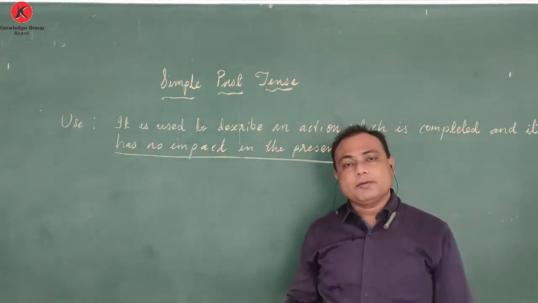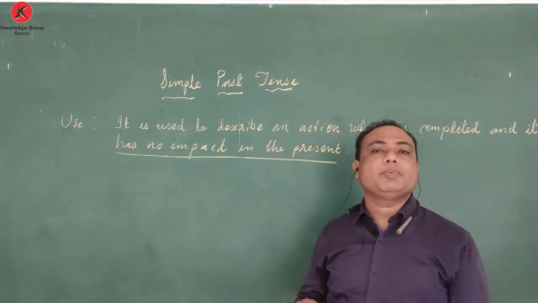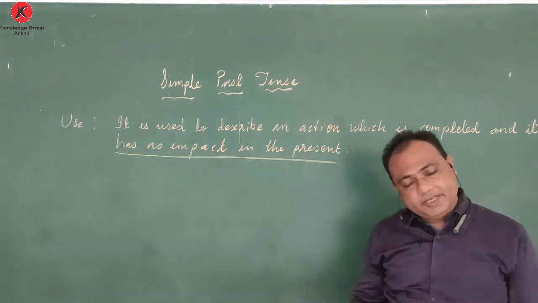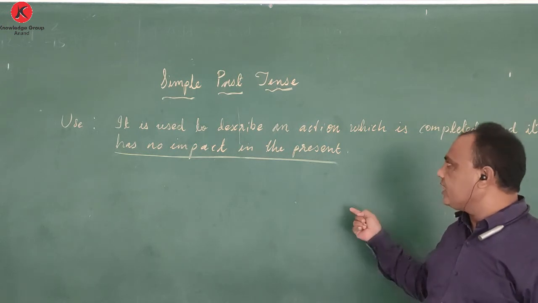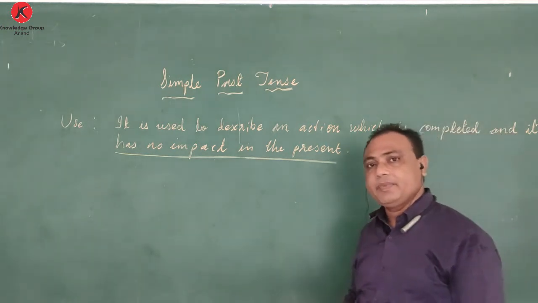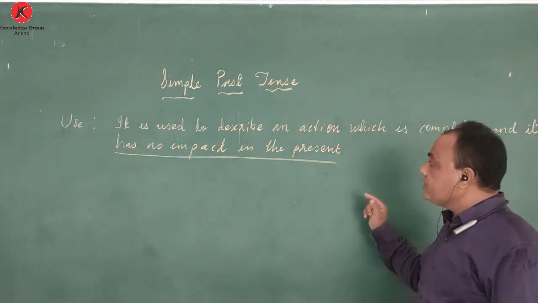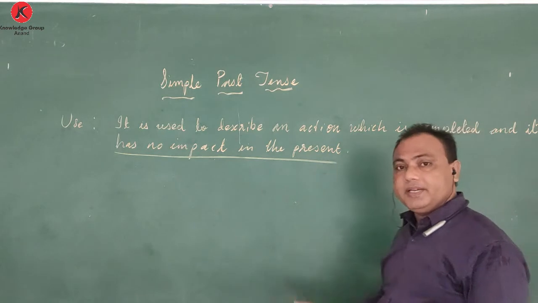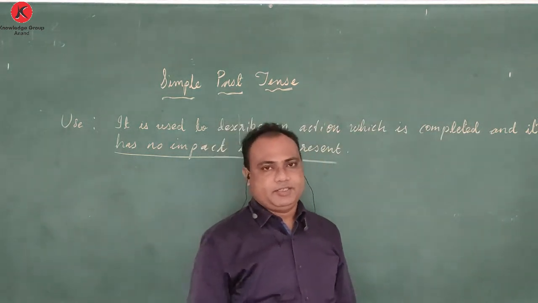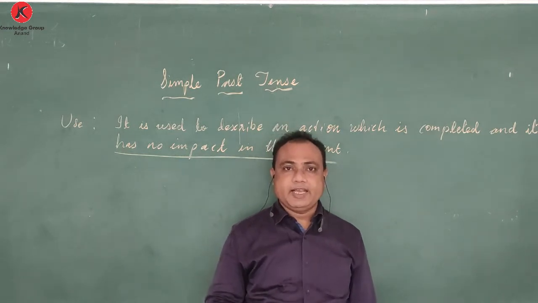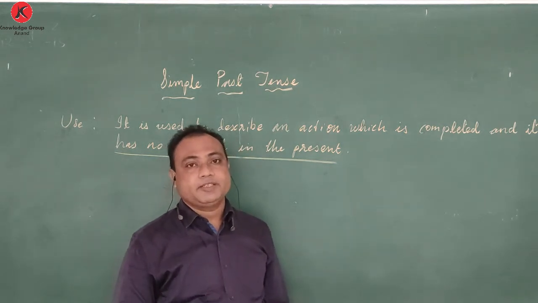Now let us recall. Earlier, we had studied present perfect tense. In present perfect tense, we had gone through things like this: it is used to describe an action which is completed recently, but it has its impact in the present. But here it has no impact in the present. My dear friends, this simple past tense often gets confused with present perfect tense.